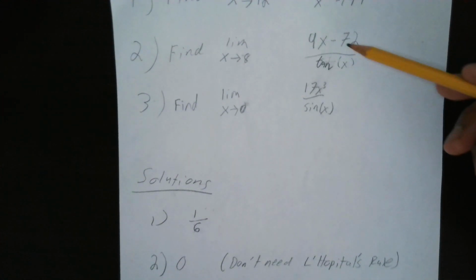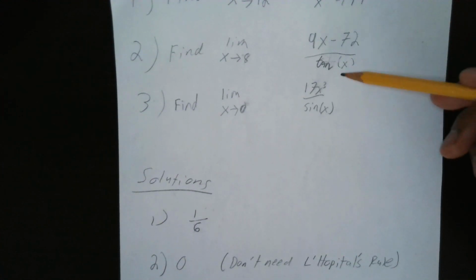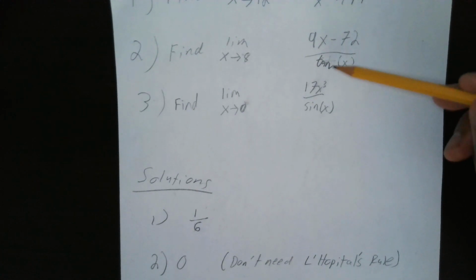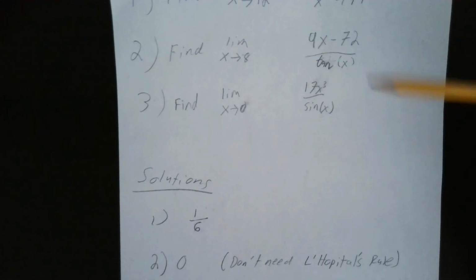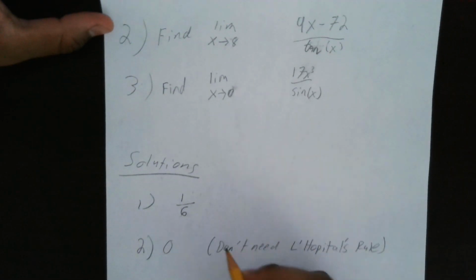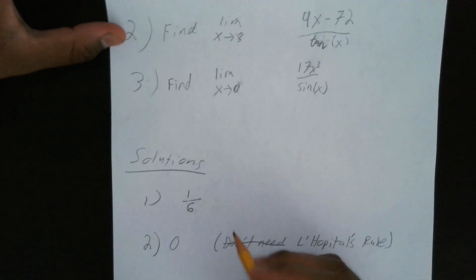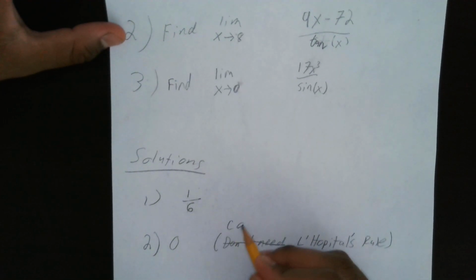If the numerator is 0, then the denominator also has to be 0 in order to use L'Hopital's rule. But it won't be 0 when you plug in 8 for x in tan of x, so you couldn't have used L'Hopital's rule anyway. Let me rephrase this: instead of saying don't need L'Hopital's rule, I'll say can't.